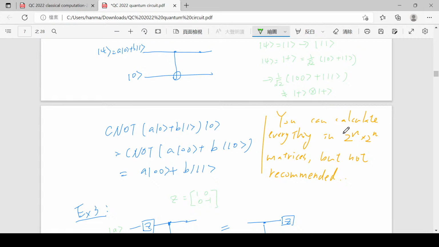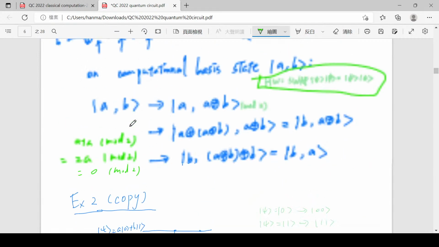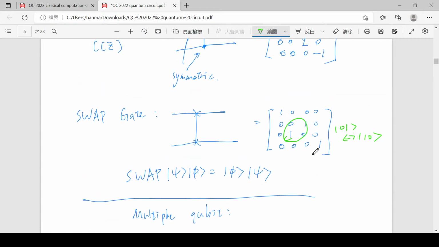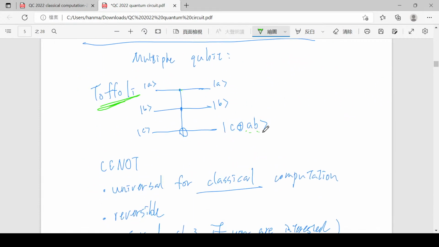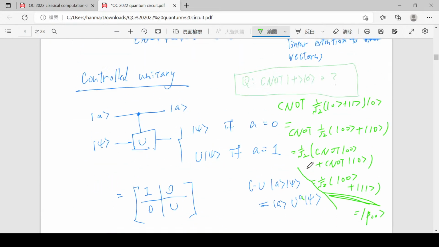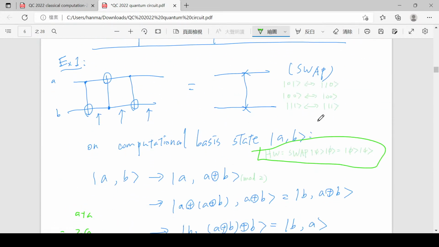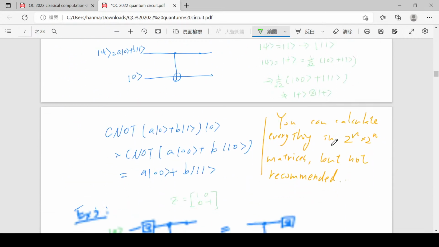So for example, a 2 qubit system is going to be a 4x4 matrix. We also wrote down the CNOT as a matrix here, although we didn't write down the Toffoli as a matrix. We wrote down everything like controlled-Z as a matrix, but it's better not to use the CNOT matrix in your computation.